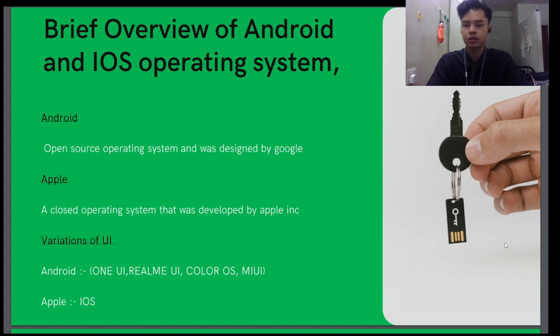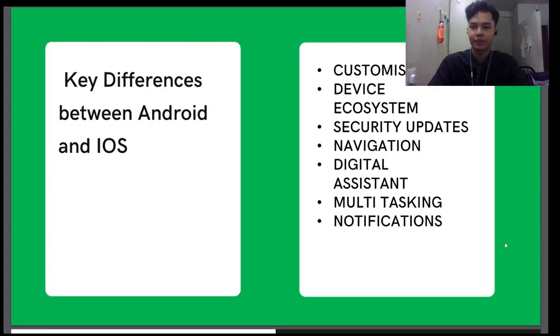Examples are One UI, used by Samsung, Realme UI, used by Realme phones, ColorOS, used by Oppo, and lastly MIUI, used by Xiaomi phones. Apple has only one brand, which is Apple itself, so it only has iOS.